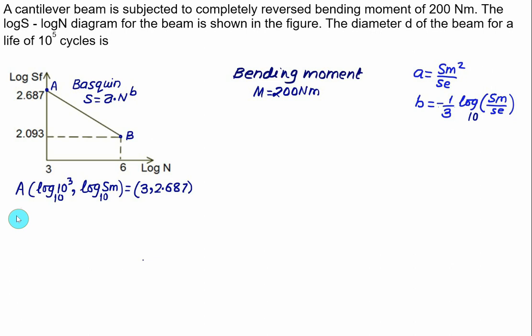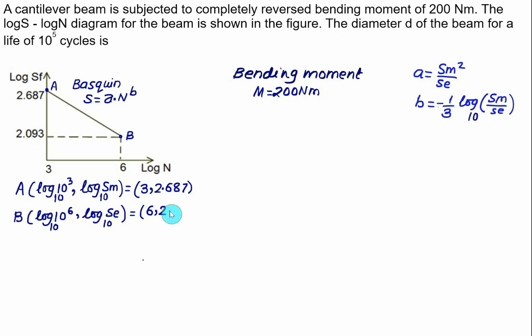Similarly, we can record point B: log of 10 to the power 6 to the base 10, which is 6, comma, the log of the endurance strength to the base 10.